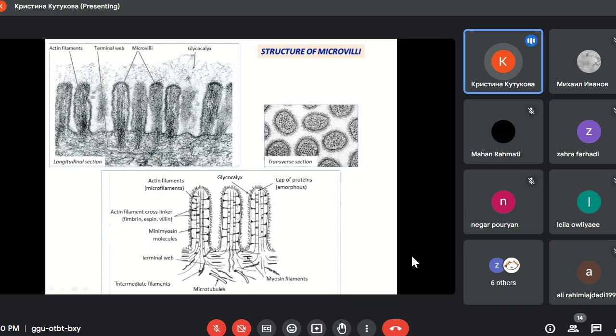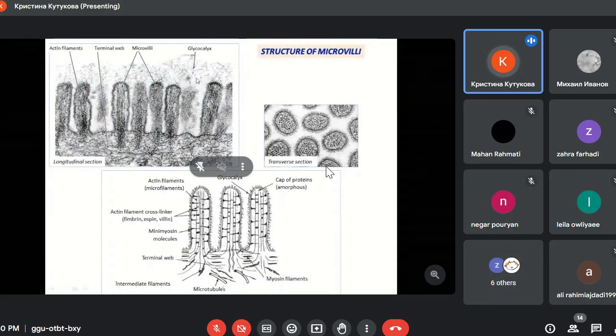Also here you can see that the membrane of the microvilli is covered with glycocalyx, and as you remember from the previous lecture, glycocalyx in this case also serves for membrane digestion of food, because we are talking about exactly the cells of the intestinal epithelium, which is for absorption.